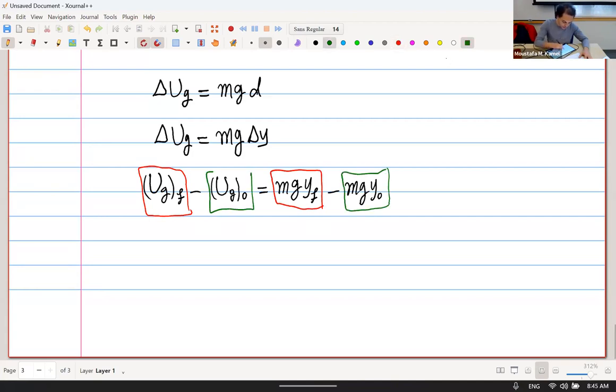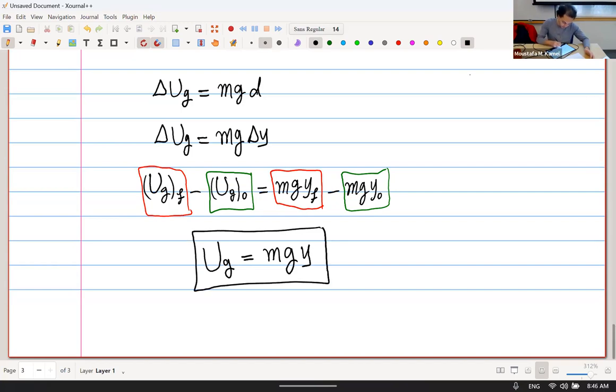So you can conclude that the general formula for potential energy is just mgy. And this is the second important equation we have. Okay. Is the derivation clear? Okay.